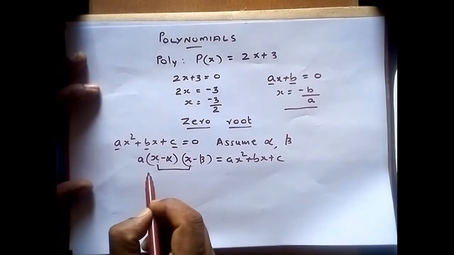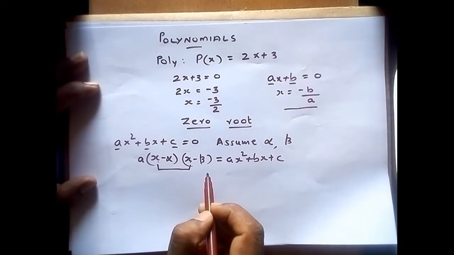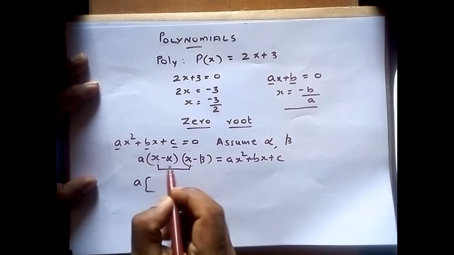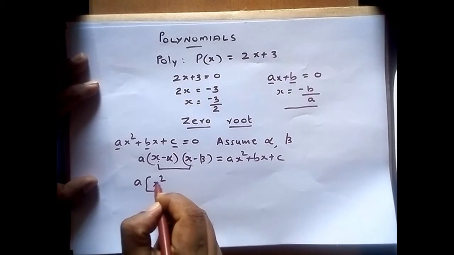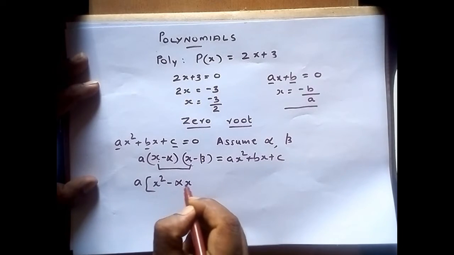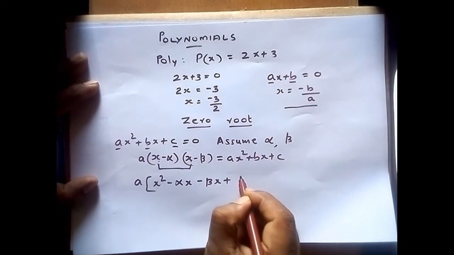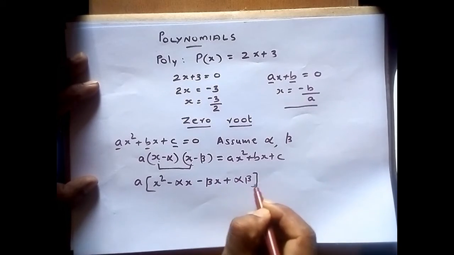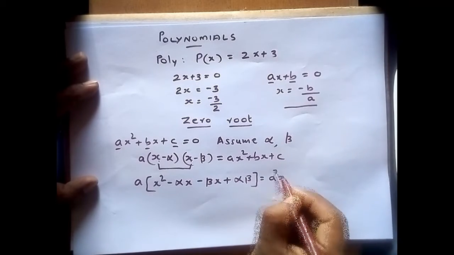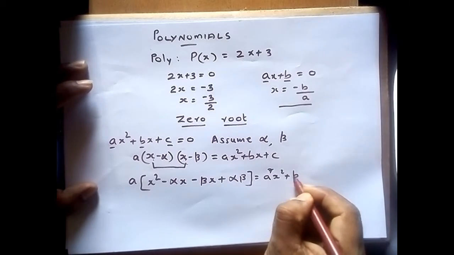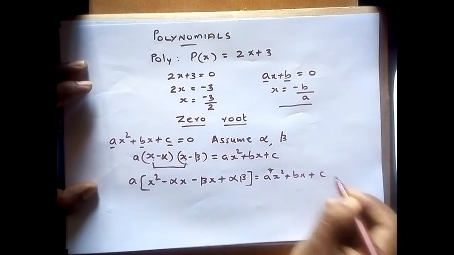Now we will expand the left side. So a into x square minus alpha x minus beta x plus alpha beta equal to ax square plus bx plus c.